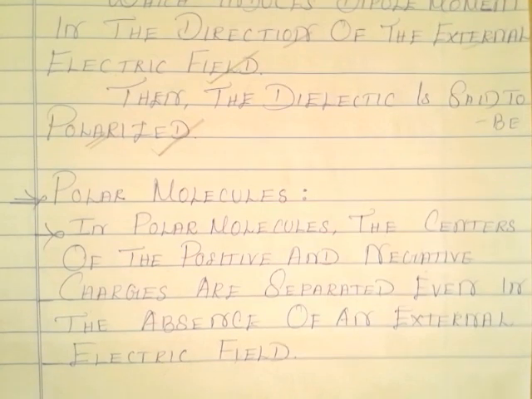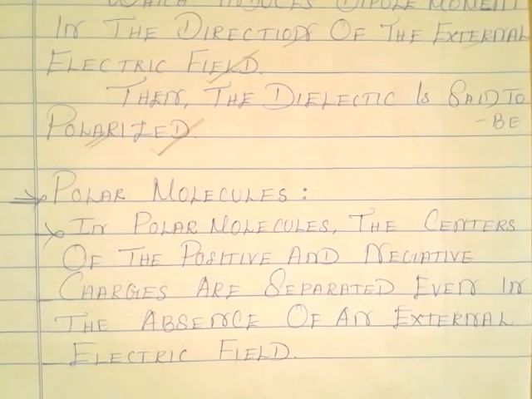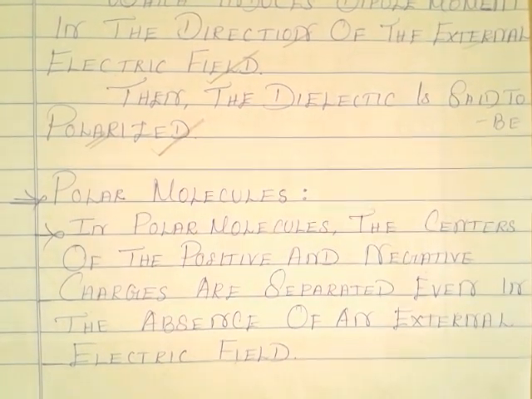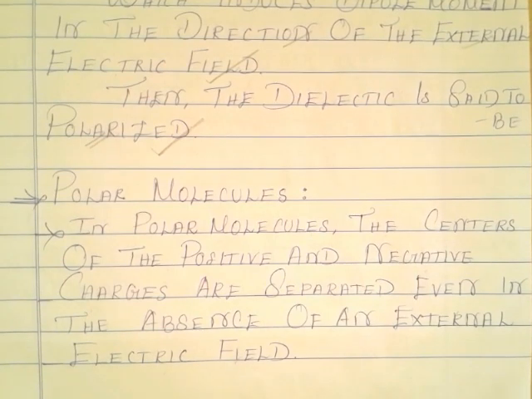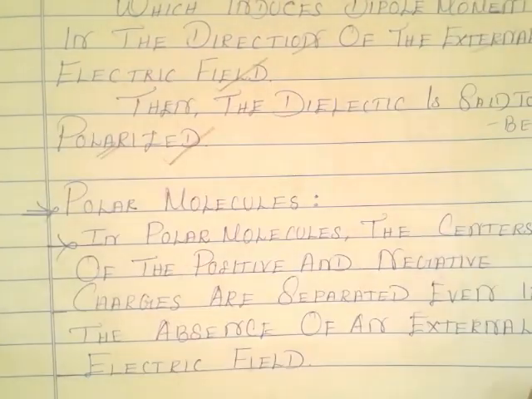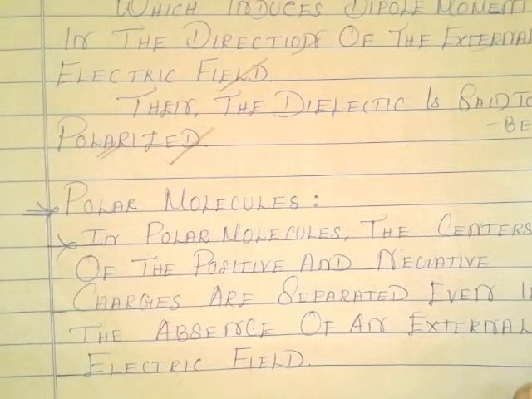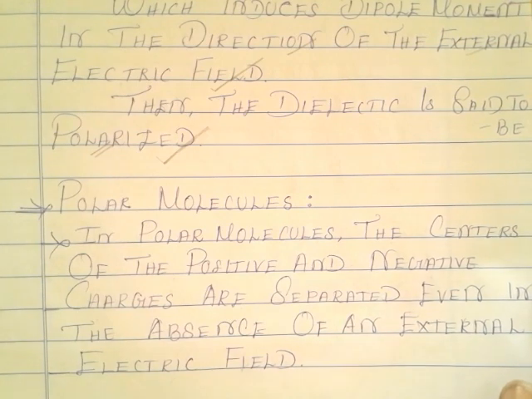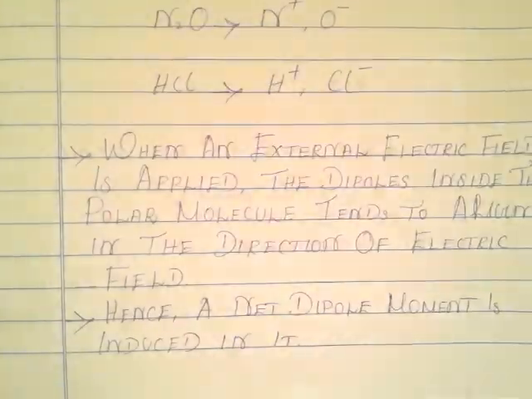In case of polar molecules, the centers of the positive and negative charges are separated even in the absence of an external electric field. Then those molecules will act like an electric dipole, so automatically the polar molecules will have a permanent dipole moment.